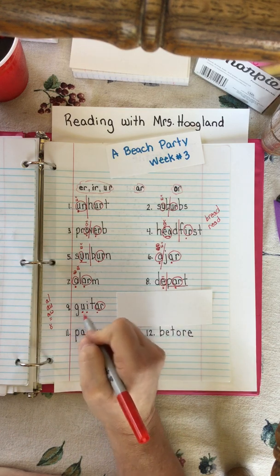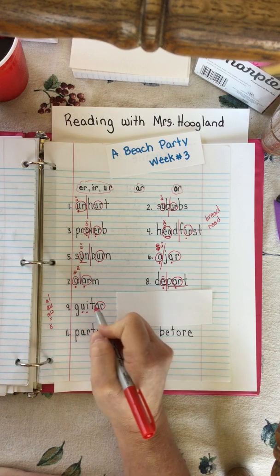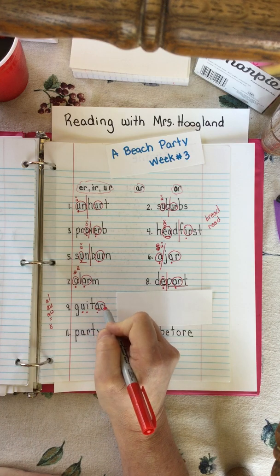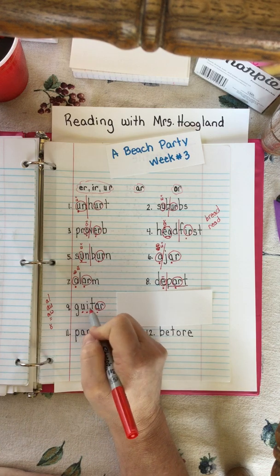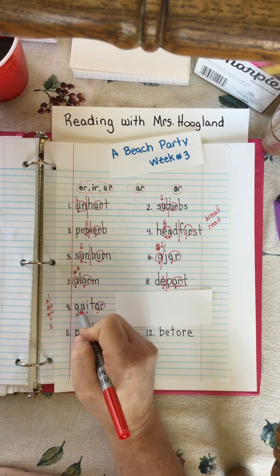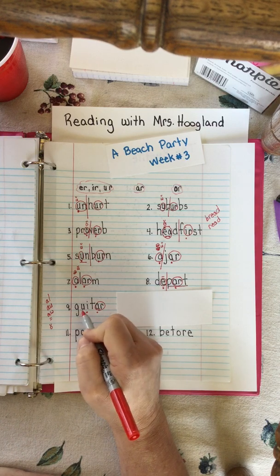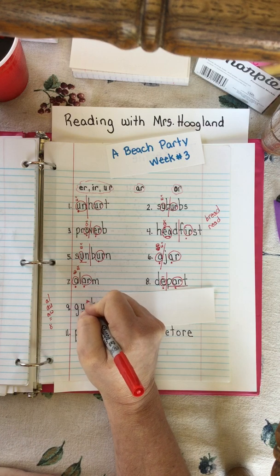If I am going to sound out this word, I'm going to go g, it, r. Well, that doesn't sound right. G, it, r, guitar, or g, tar, guitar. Is it a guitar? I think it is a guitar.